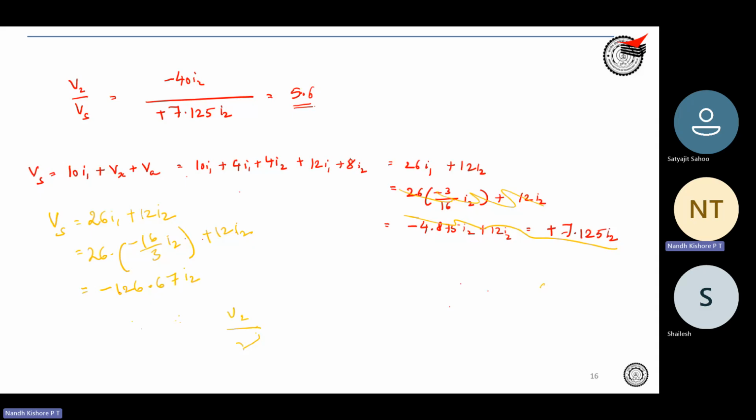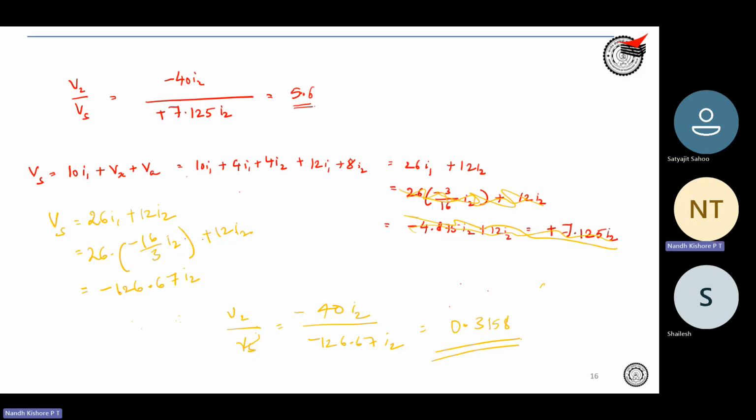So you get V2 by Vs is equal to minus 40 I2 divided by minus 126.67 I2, right? So 40 divided by that answer. Yes, it is perfectly matching. It is 0.3158. Is this fine? Yes, sir. Got it, sir.